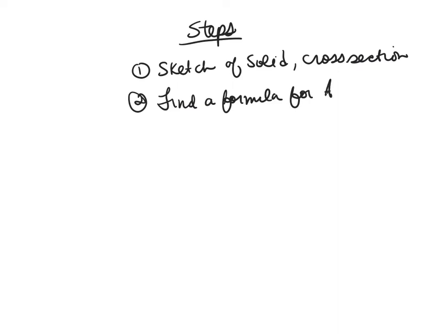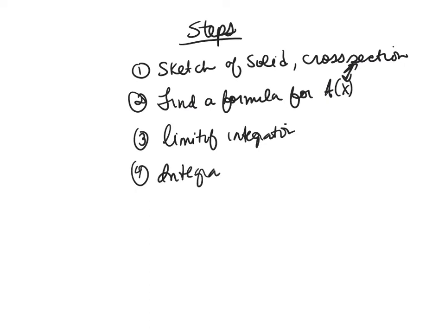And that area, remember, is the typical cross section that you're finding here. Number 3, find the limits of integration. And number 4, integrate to find the volume. So let's do an example.